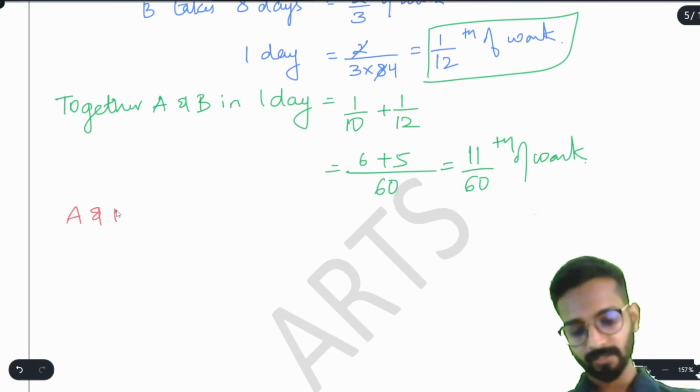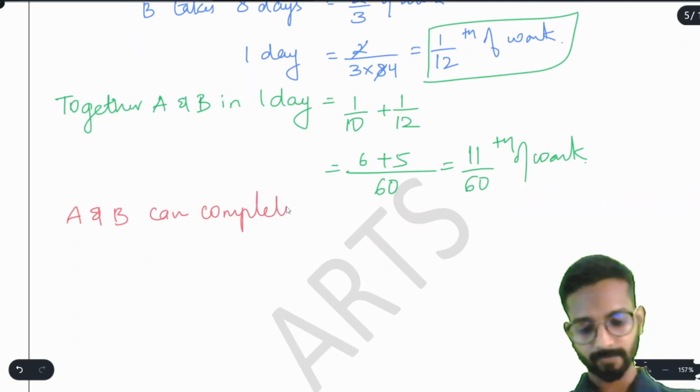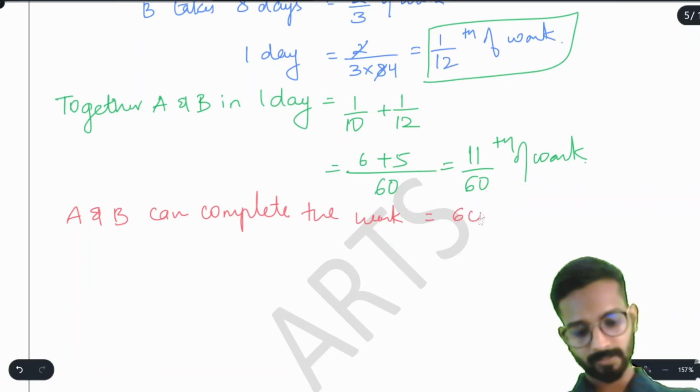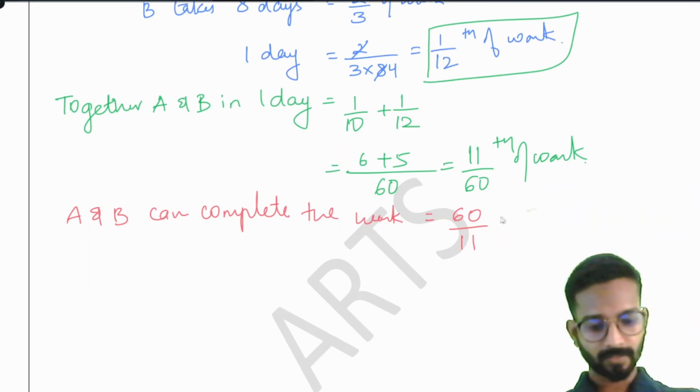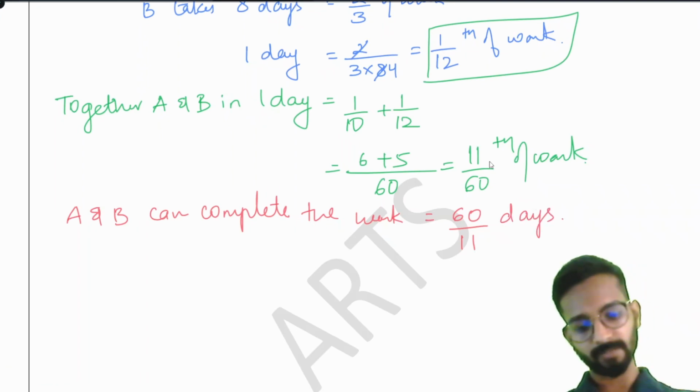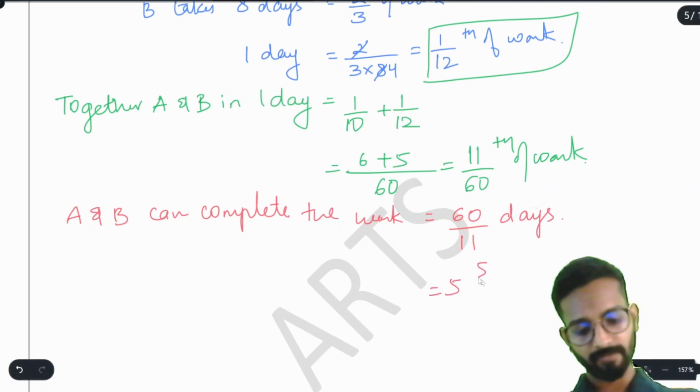A and B together can complete the work in 60 by 11 days. Understood? Just the reciprocal of 11 by 60, 60 by 11 days, that can be written as 5 by 11 days.